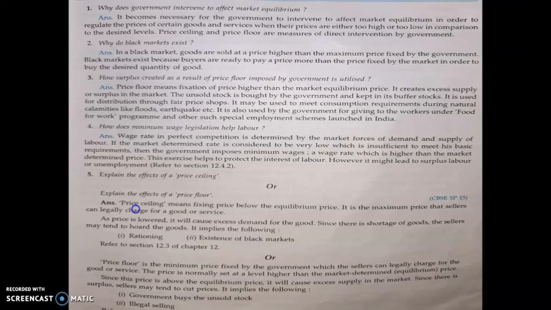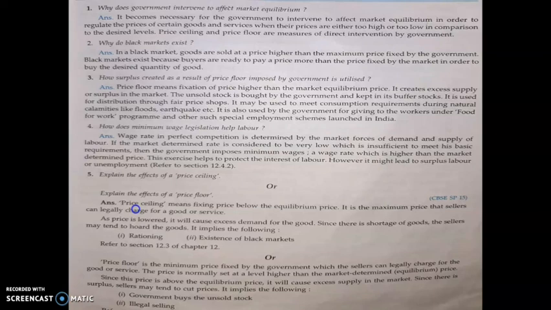As price is lowered, it will cause excess demand for the good. Since there is a shortage of goods, the seller may tend to hoard the goods. It implies the following, that is rationing and existence of black markets that we have discussed earlier.